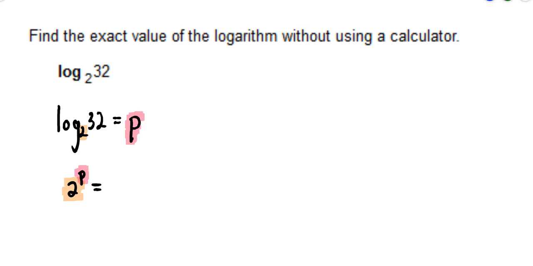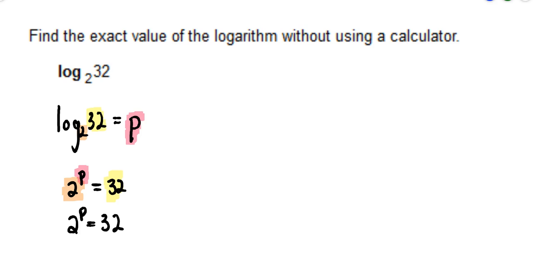And then what's inside the log is what my exponential will equal. So now that it's written in exponential form, I'm a little bit more comfortable figuring out what that variable is. 2 to the p equals 32. If I can figure out 2 to what power equals 32, I figure out the value of p.